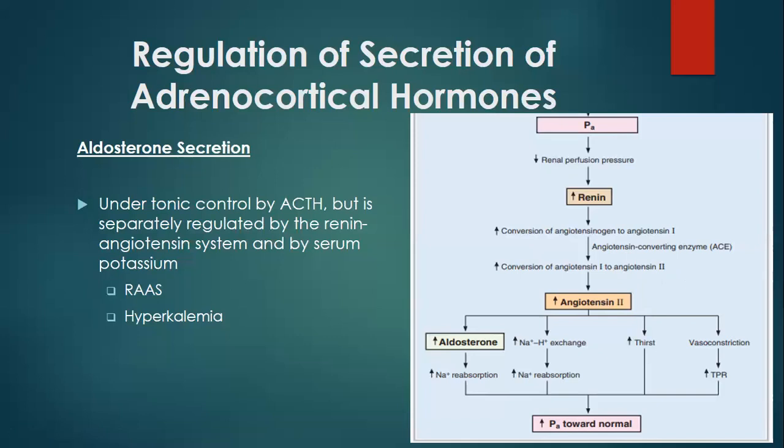Your angiotensin 2 acts on the zona glomerulosa of the adrenal cortex to increase the conversion of corticosterone to aldosterone. Aldosterone in turn increases renal sodium reabsorption, thereby restoring extracellular fluid volume and blood volume to normal.